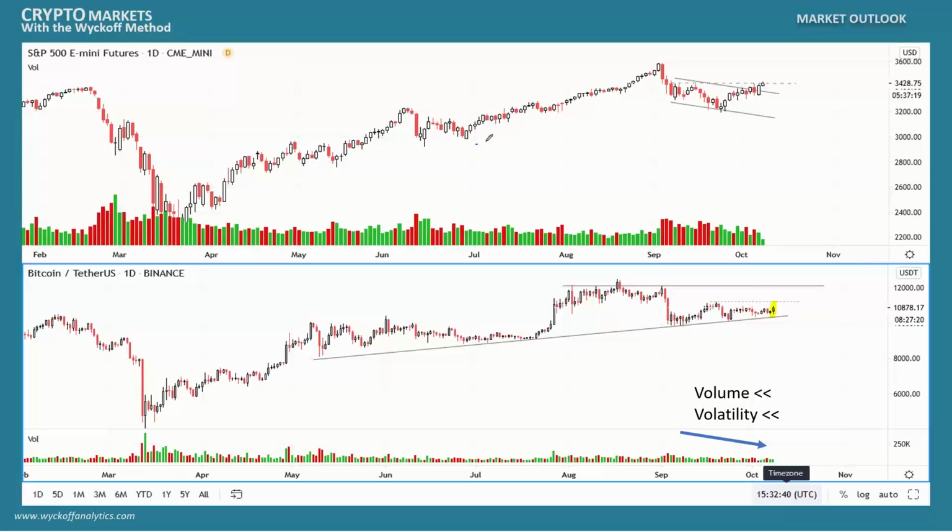If we look at how the rally should develop, we would be expecting some kind of local breakout around the area where volatility is still very low. And as the S&P 500 starts to move up and touches the resistance, this is where we would be expecting Bitcoin to start moving more aggressively to the upside. Let's see in the upcoming weeks if this is going to be the case.